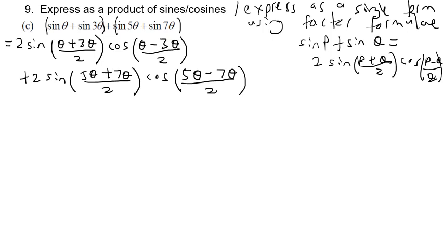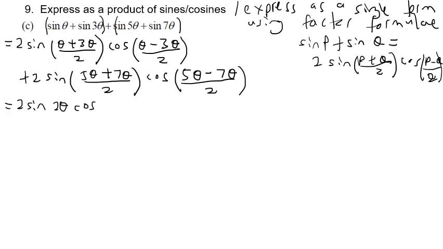So simplify the angle. So theta plus 3 theta over 2, 4 over 2 is 2. So the first term we got sine 2 theta, and then cos of theta minus 3 theta is negative 2 theta.